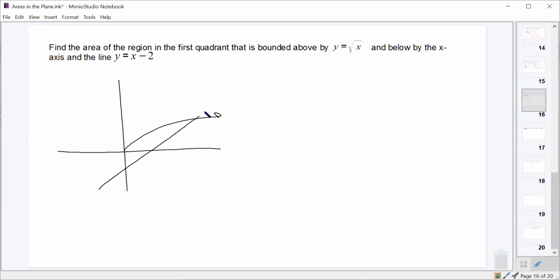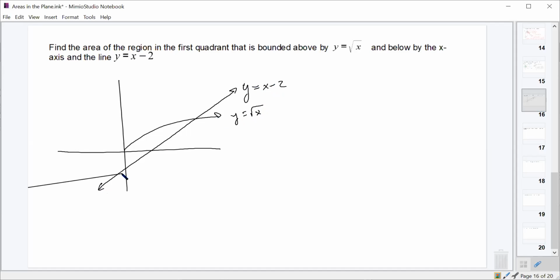Looks like this, about, right? Do you all agree with that? Square root x, y equals x minus 2. Yeah, okay.